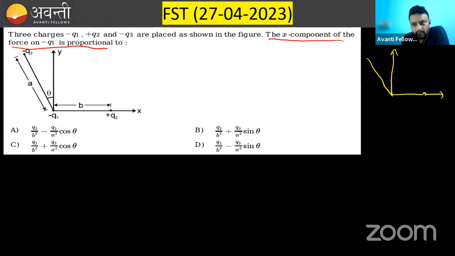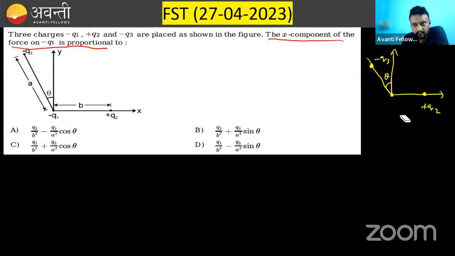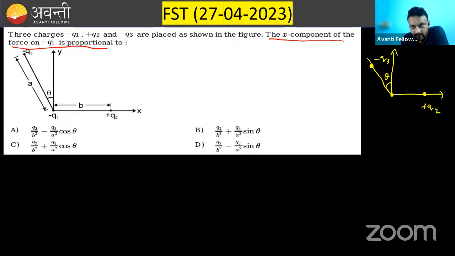And one charge is Q2, which is plus Q2. This is minus Q1, and this is minus Q3. And this angle is theta.